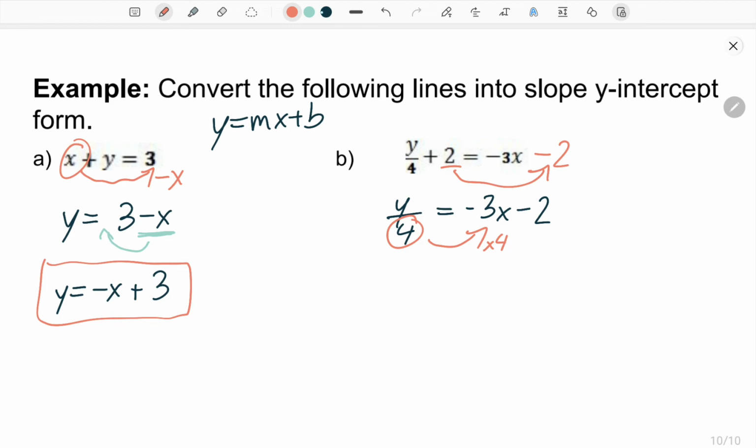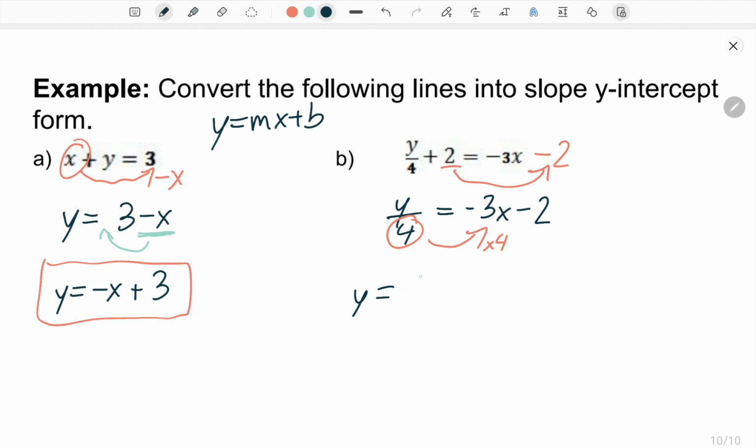All right, so what do we do when we multiply that other side by 4? We need to be careful here, because it's not like we're going to just pick one number and multiply that one number by 4. If we move something and there's multiple parts on the other side of the equation, and we're doing something like multiplication, we need to multiply each and every part by that particular number.